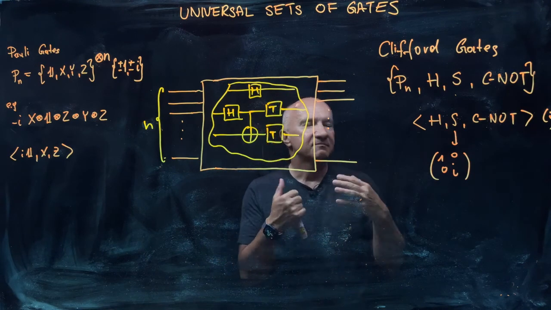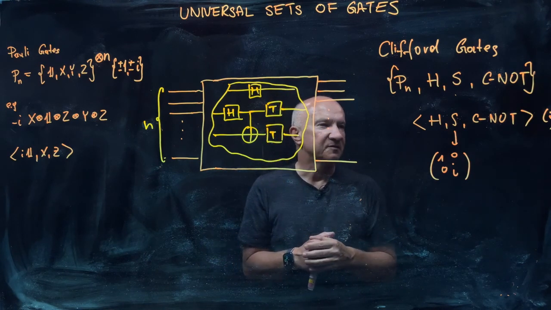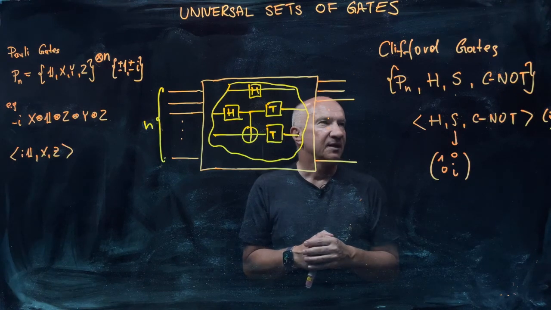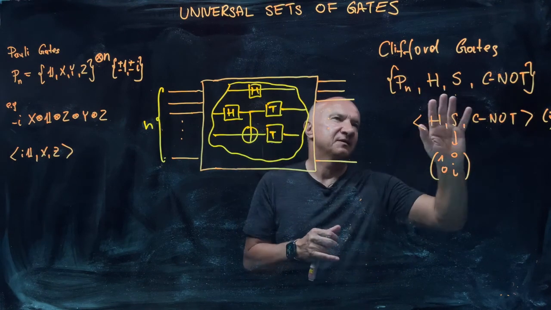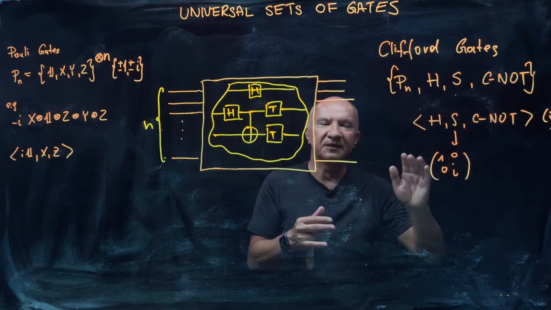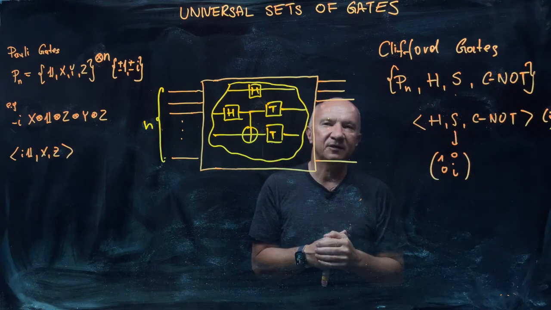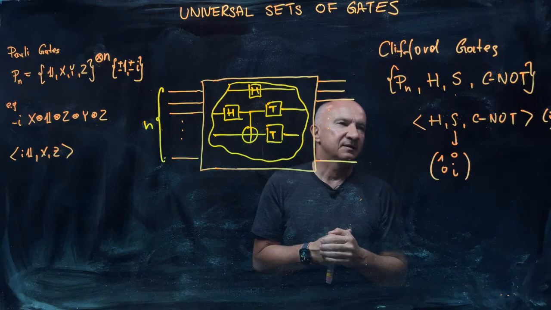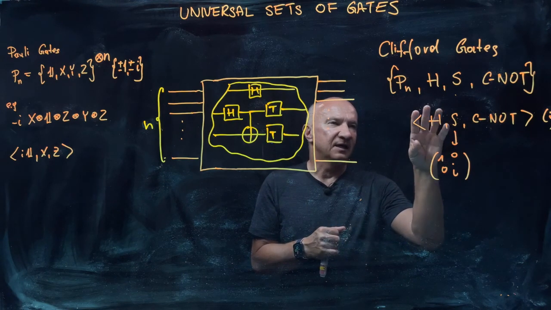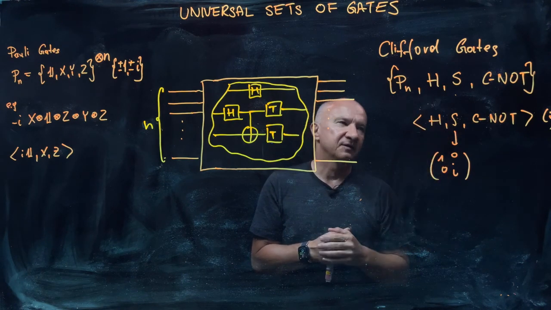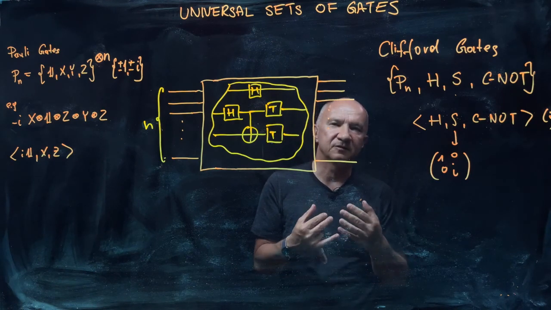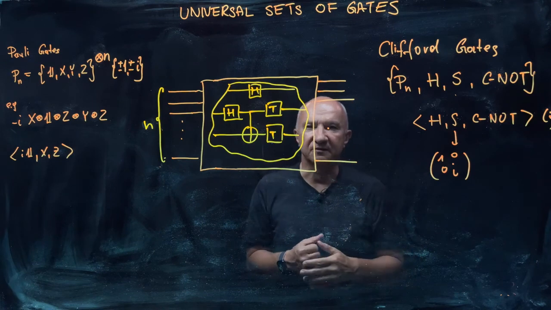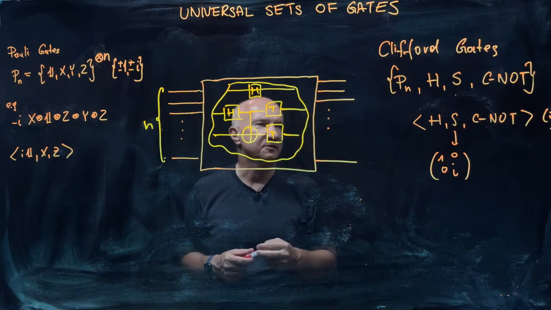So Clifford gates generate interesting quantum states, there's no doubt about it. But again, for n qubits it's a finite number of those operations, and you cannot hope that by concatenating Hadamards on any qubit, the phase gate on any qubit, and CNOT, you're going to explore the whole vastness of unitary operations on n qubits.